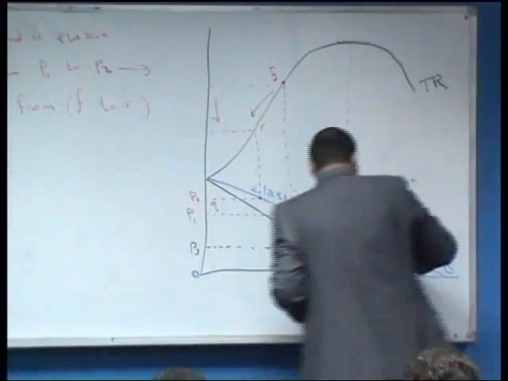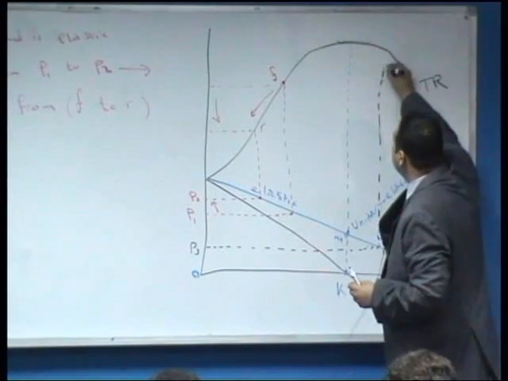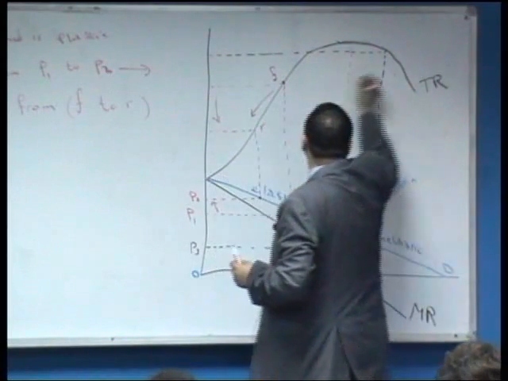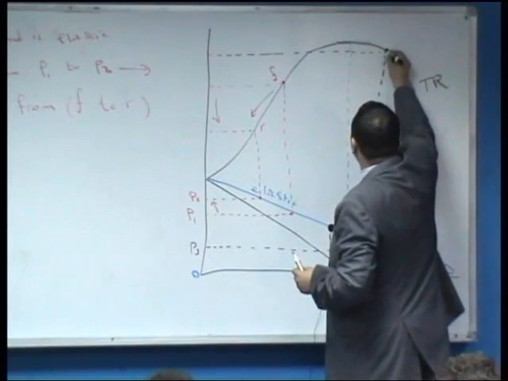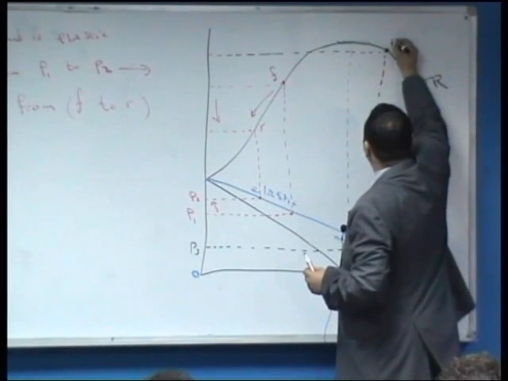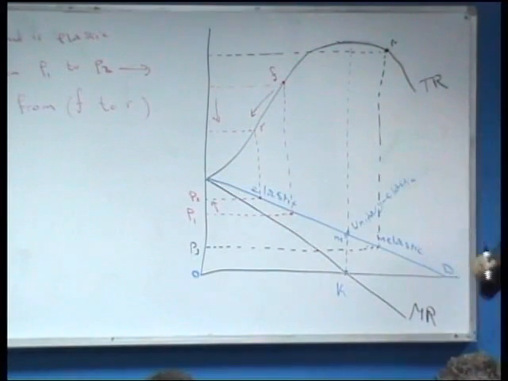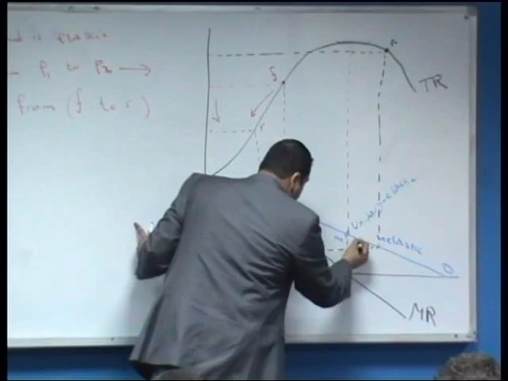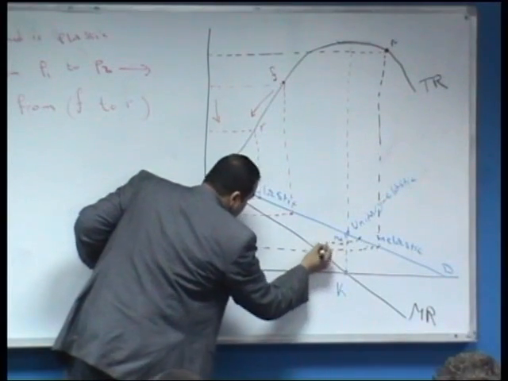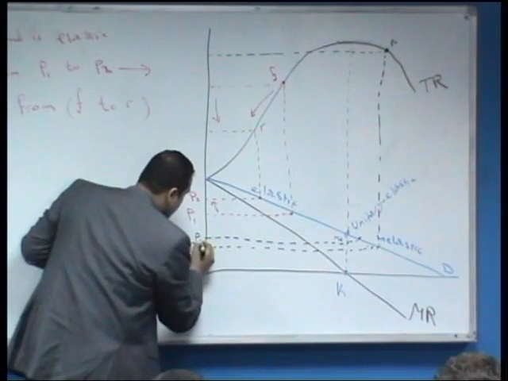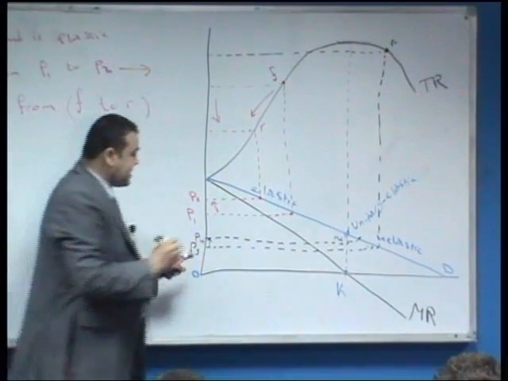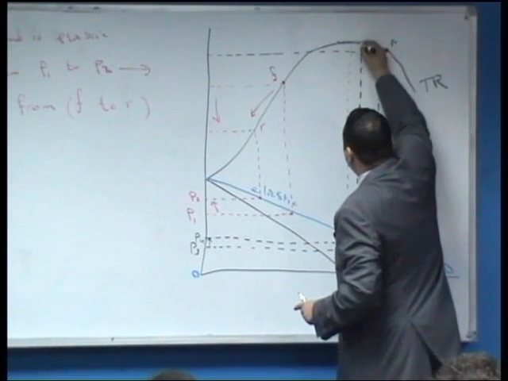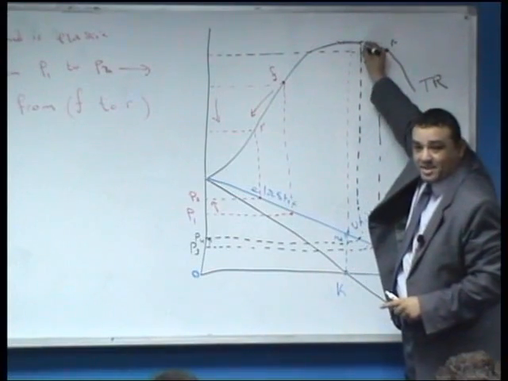In this case the total revenue equals N. If the price increases to B or P4, increasing the prices leads to an increase of total revenue when the demand is inelastic, right?